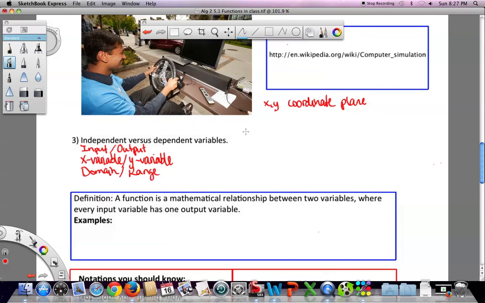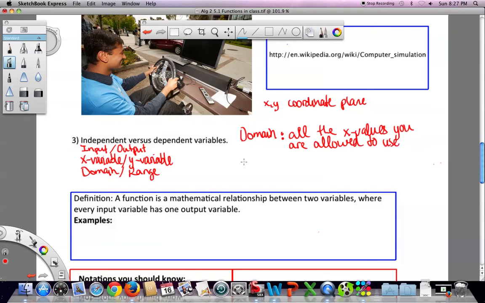So let's look at domain first. The domain tells me all the x values, and I'm going to use the x variable here, that you are allowed to use. So the domain describes the set of numbers that you are allowed to use in your function.